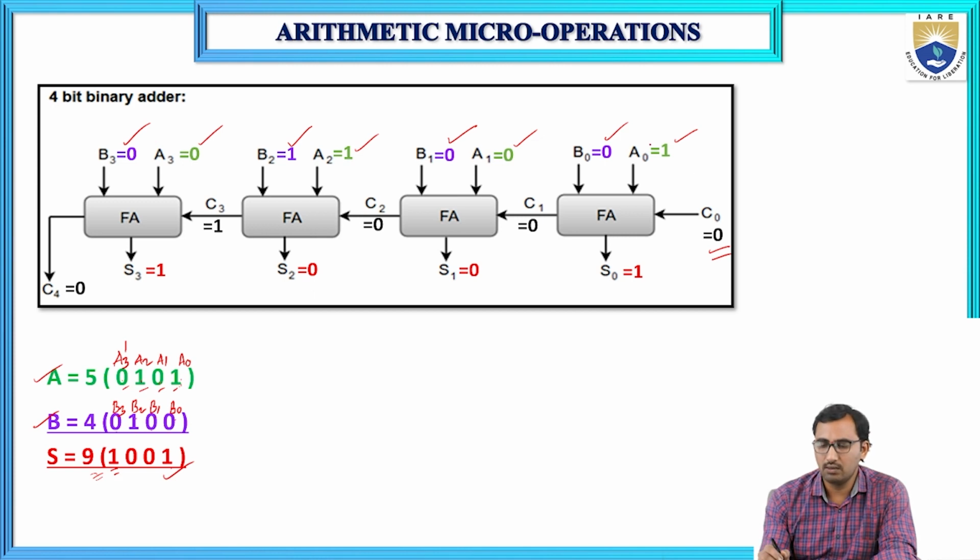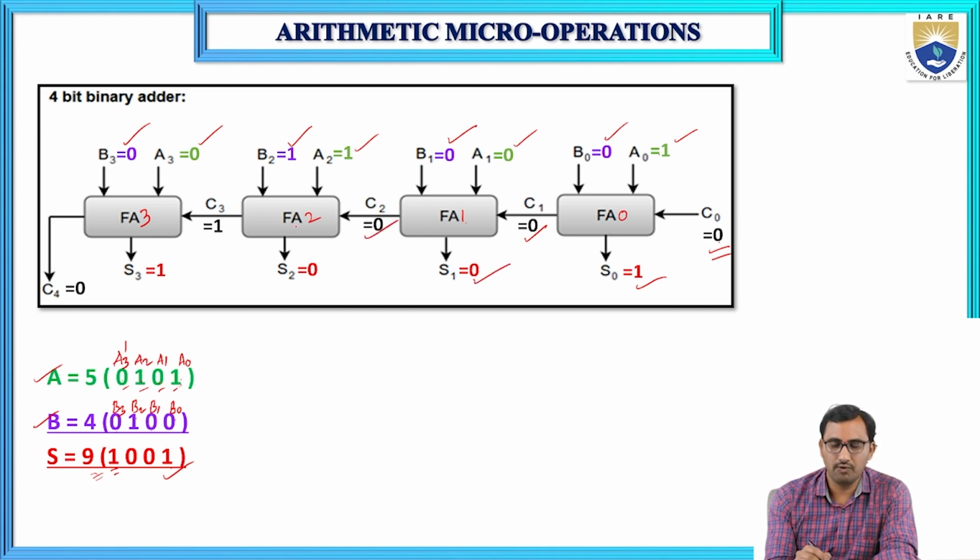For full adder 0, the inputs are 0, 1, 0, so the sum is 0 and the carry is 0. For full adder 1, all inputs are zeros, so sum is 0, carry is 0.